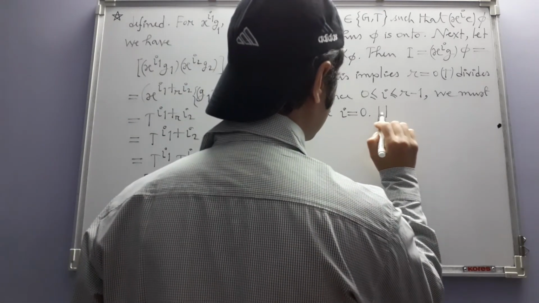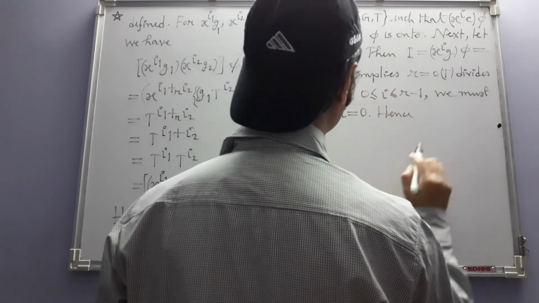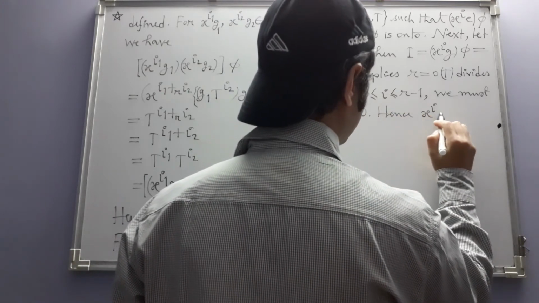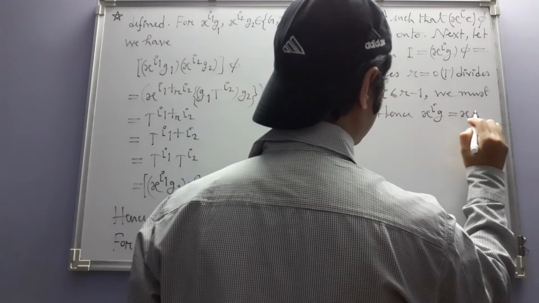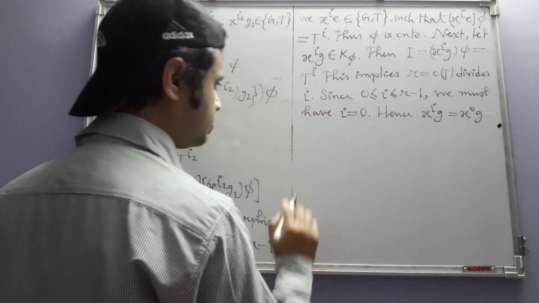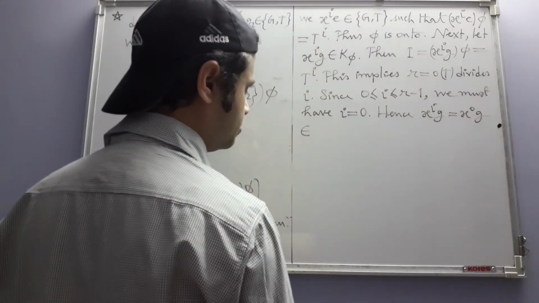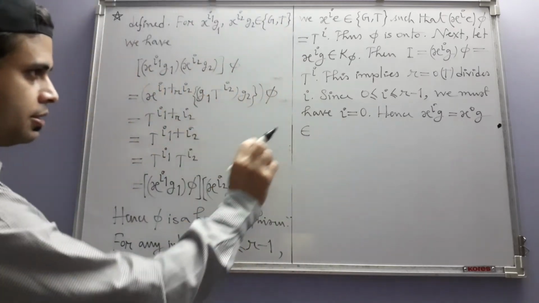Hence x^i g, which is equal to x^0 g, belongs to... do you see what this is?